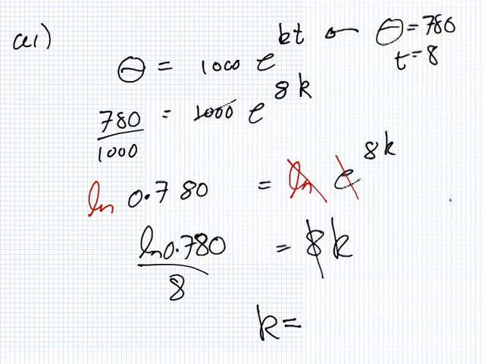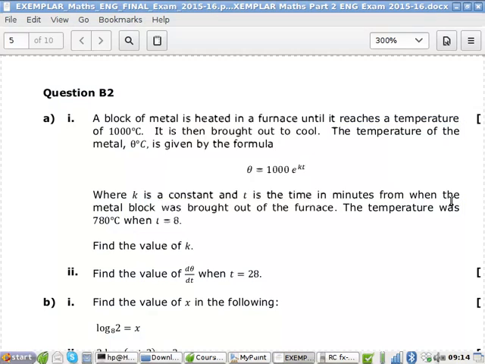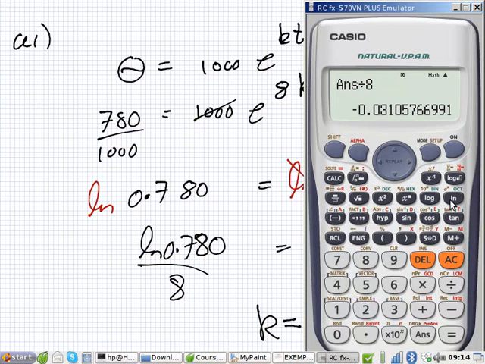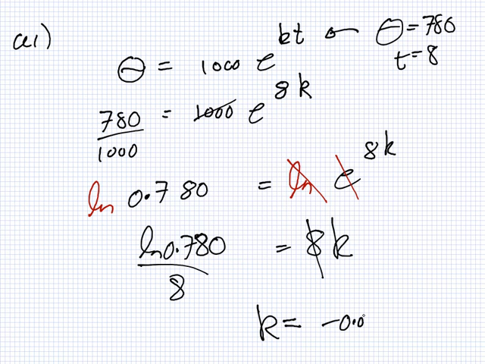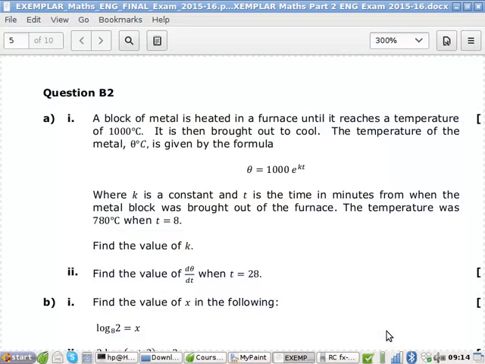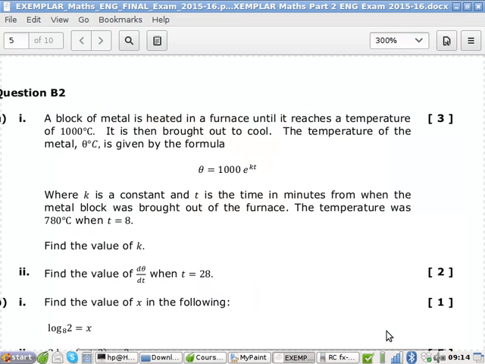Yeah, now does it say anything about significant figures? It doesn't, so we'll go with minus 0.0311. Any idea what the units are for the k? What unit's that? A unit, SI unit.